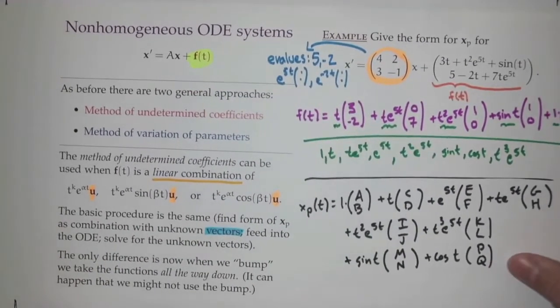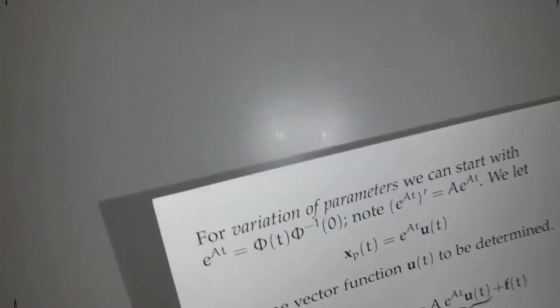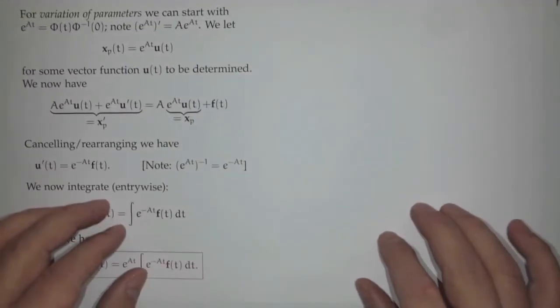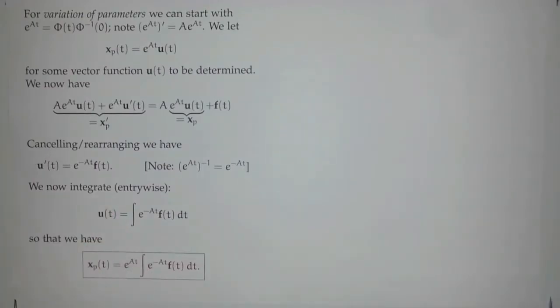All right, so here we go. The other method we could do. So for variation of parameters, we can start with e to the At. Now, as a reminder from our discussion last time, this is phi of t, phi inverse of 0. And it's very helpful to talk about what this e to the At looks like.